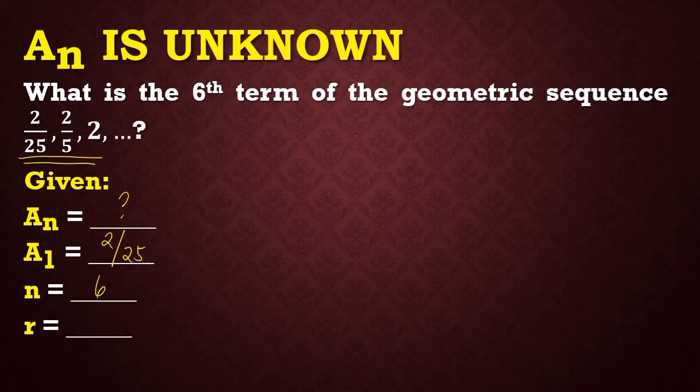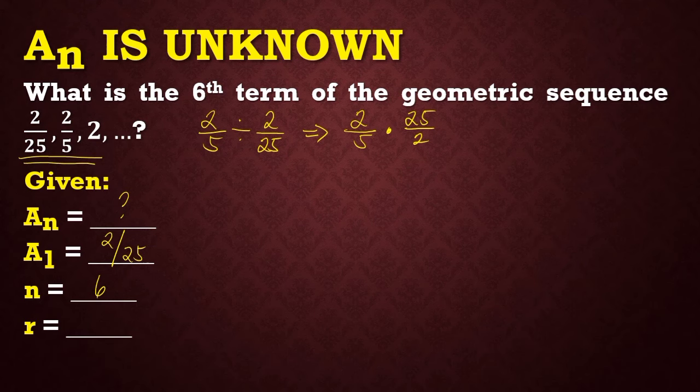So, let's try dun sa 2 over 25 tsaka 2 over 5. So, ang gagawin natin, 2 over 5 divided by 2 over 25. So, since nagdi-divide tayo ng fraction, so kailangan maging multiplication yung operation. Kaya lang, kunin natin yung reciprocal ng divisor, which is 2 over 25. That will become 2 over 5 times the reciprocal of 2 over 25, that is 25 over 2.